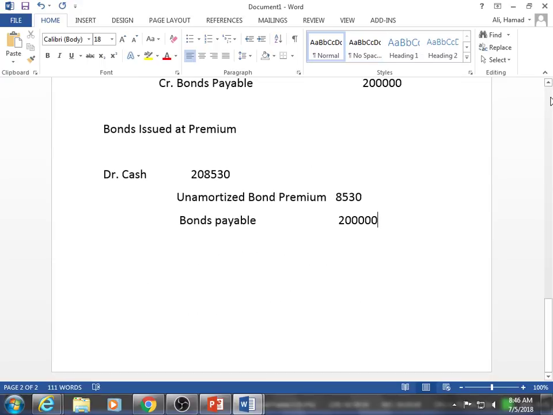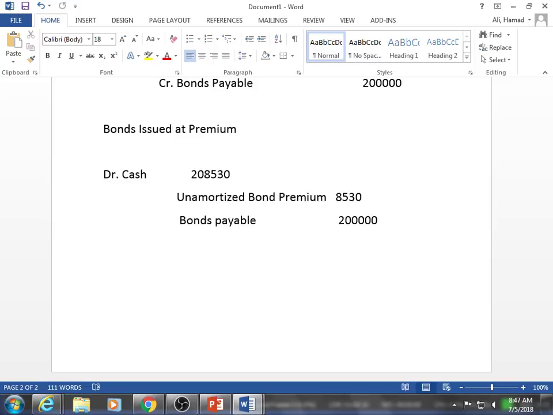So let's find the present value of the principal, which is the $20,000. What is the factor using the tables? Look in the back of the book and tell me which table we should look at.